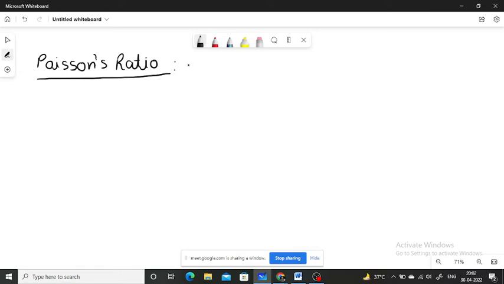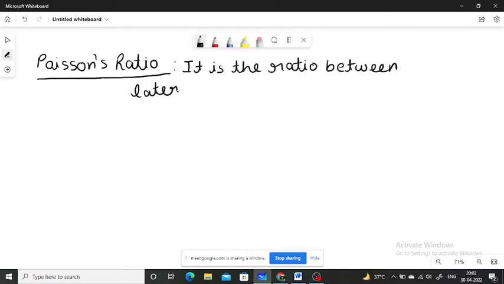Poisson's ratio is the ratio between lateral strain to longitudinal strain.